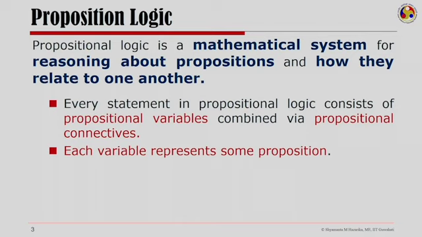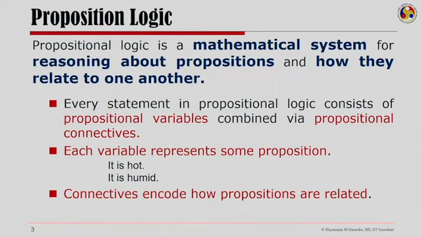Let us say I want to talk about the day. I would say it is hot. I can use a variable to represent this statement. Then I would have to use another variable to say something like it is humid. If I want to now construct a more complex statement like if it is humid, it is hot, then I need to use connectives.